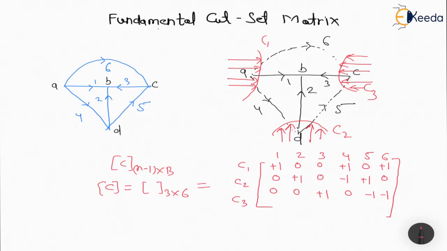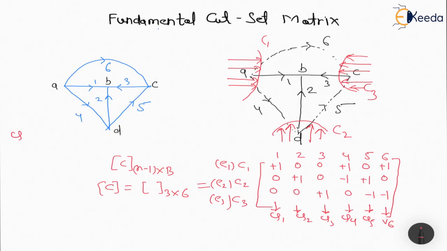Now if we assume C1 has voltage E1, C2 has voltage E2 and C3 has voltage E3, and the branch voltages we can write as v1, v2, v3, v4, v5, v6, then we can write v1 through v6 in terms of E1, E2 and E3.